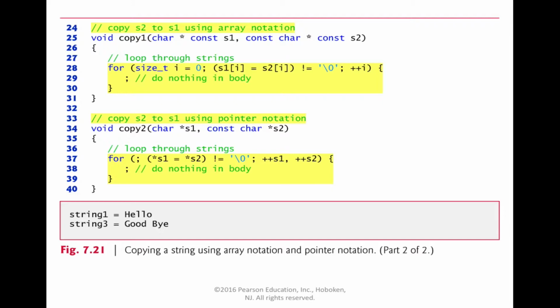And in this case, we are simply dereferencing the values, and we are incrementing each one of the pointers. So we are moving those pointers through until we reach the end. So we're using pointer notation and we're using array notation in each of these copies, and those are pretty cool copies. In both cases, we're not doing anything inside the body of the for loop. We're doing it all right in the sort of definition part of that for loop, which is pretty cool.